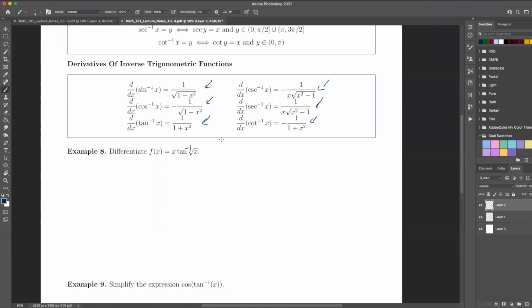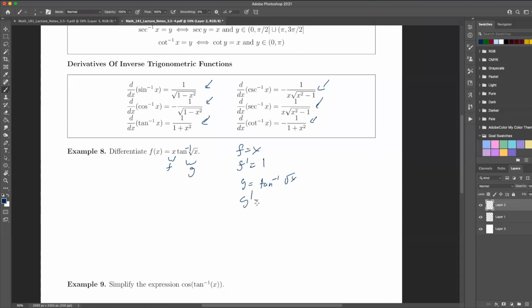So here, if I want to find this derivative, I'll let x be my f, and then the arc tangent of square root of x be my g. So f is equal to x, so f prime is equal to 1. g is equal to the inverse tangent of the square root of x.